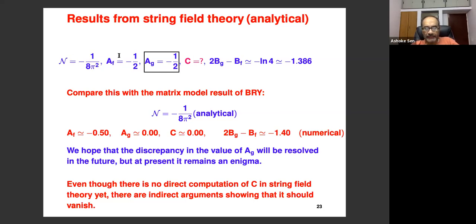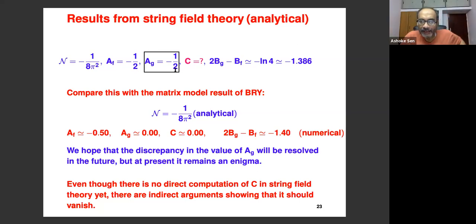So the others have been computed from string field theory, and here are the results. And here are the results of the matrix model, which I have already quoted. You can see that the results all match except this one. Right now, it's not clear what the origin of this mismatch is. The simplest explanation is that I have made a mistake in the calculation.